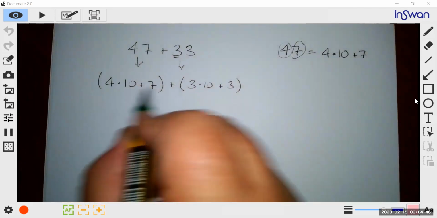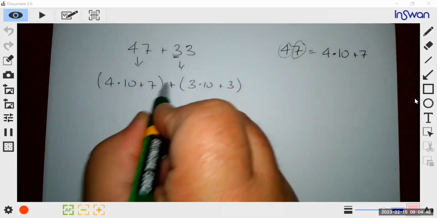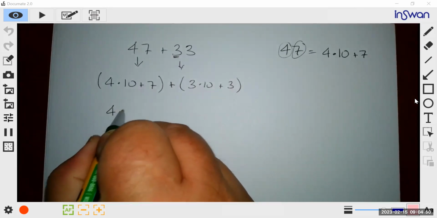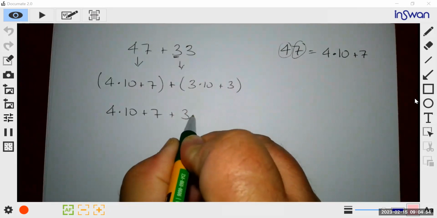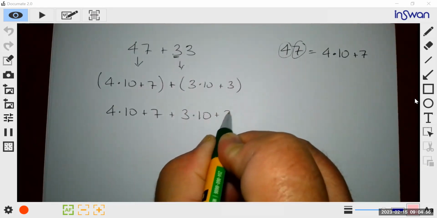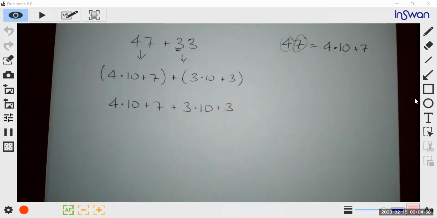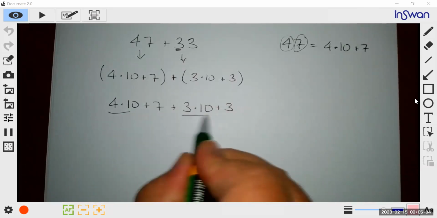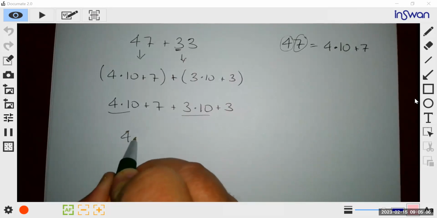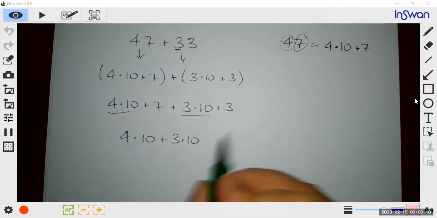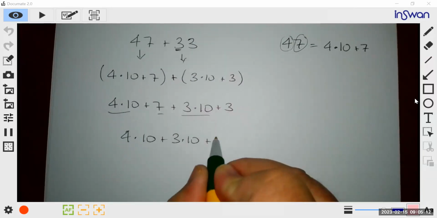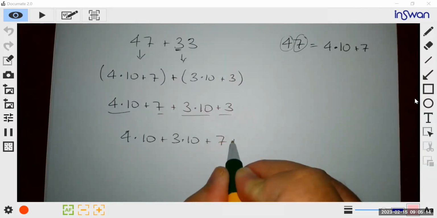If we drop the parentheses, since there's no number in front or no minus signs, we could move them around by commutativity. So I'm going to group together the tens. I have 4 times 10 plus 3 times 10 plus 7 plus 3.